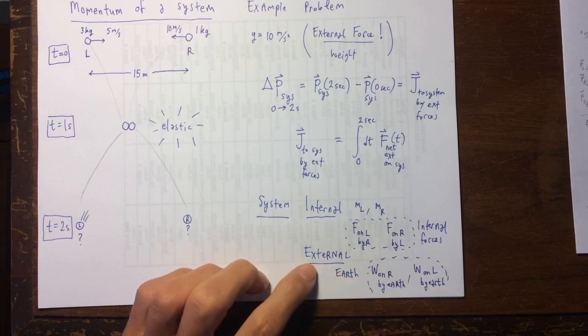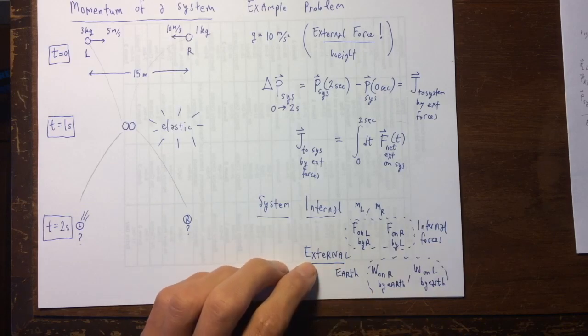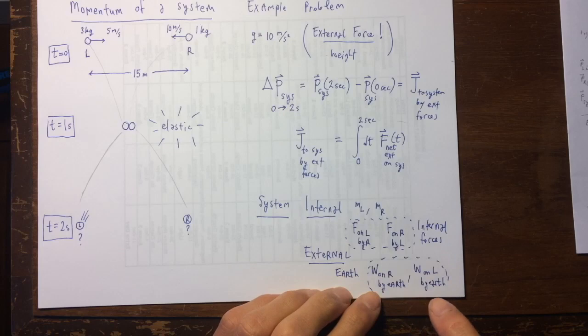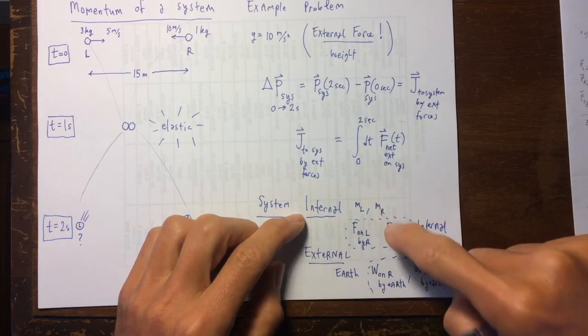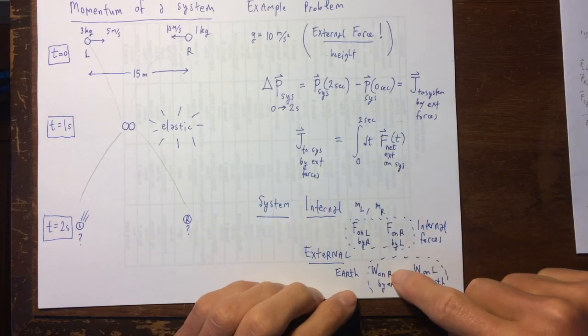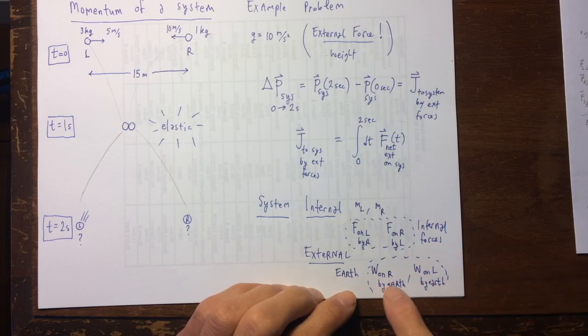So it's important to note that for each of the external forces, one object's in the system, one object's out of the system.